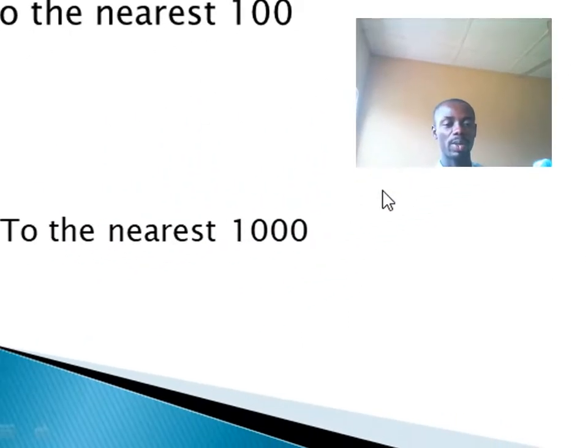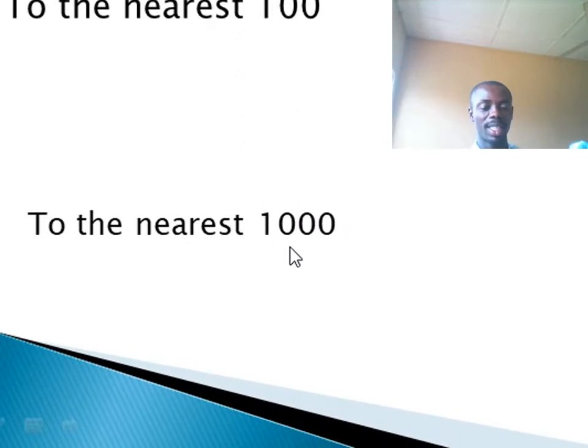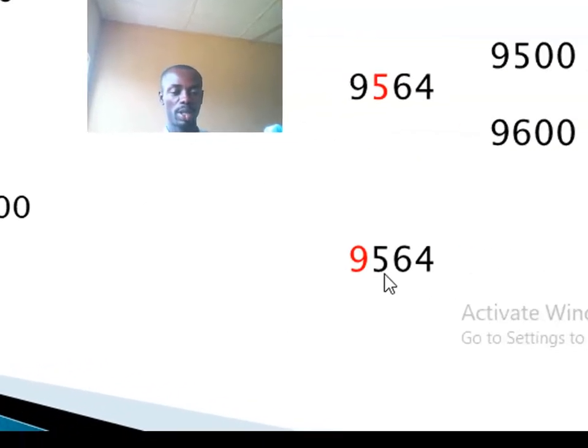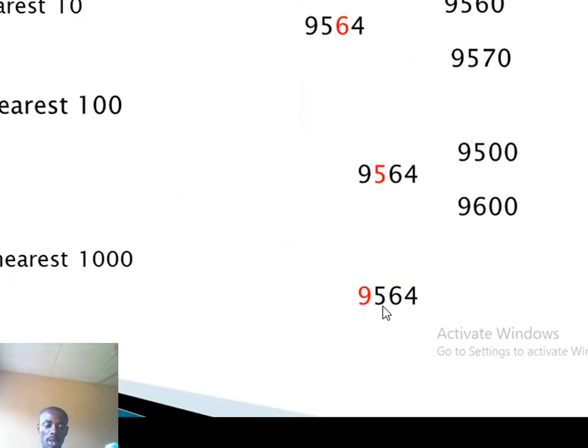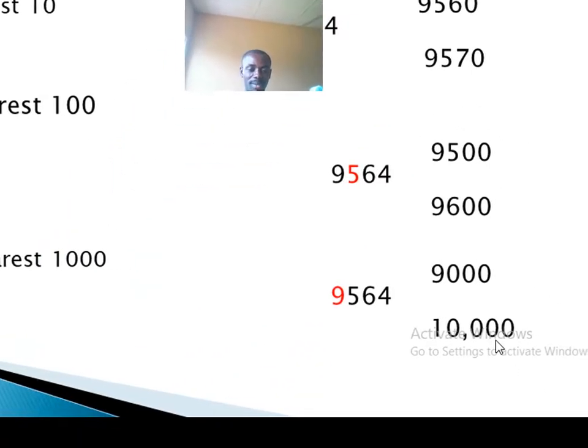Now to the nearest 1,000. The number we've been working with is in between two 1,000s. So guess which one is the first 1,000? That's the 1,000 before the number and the 1,000 after the number. So the 1,000 before the number is going to be 9,000, and the one after the number is going to be 10,000. Let's ask ourselves, 9 now is the affected place value because it is 9,000, right?